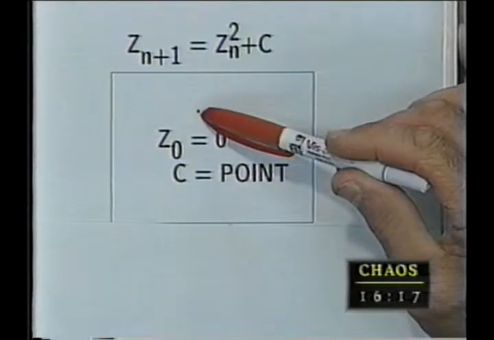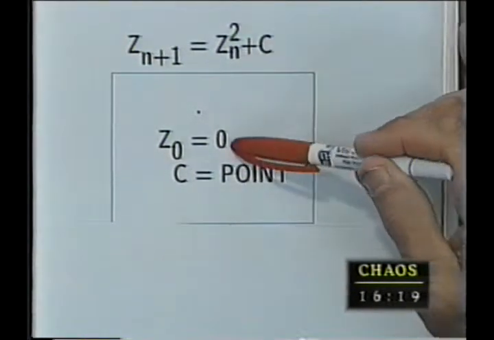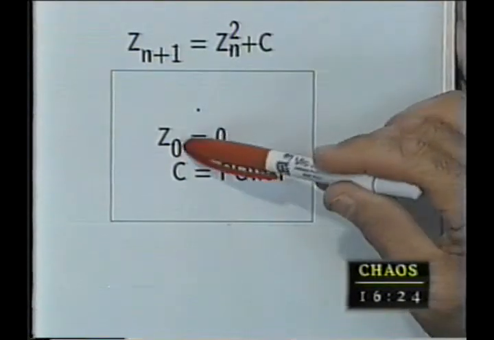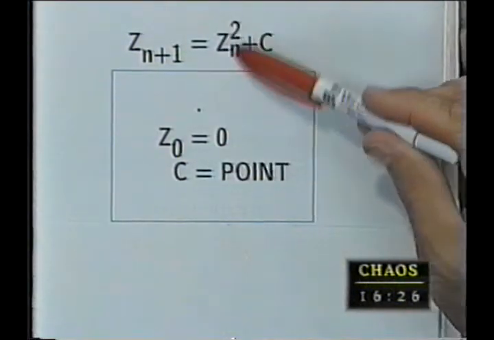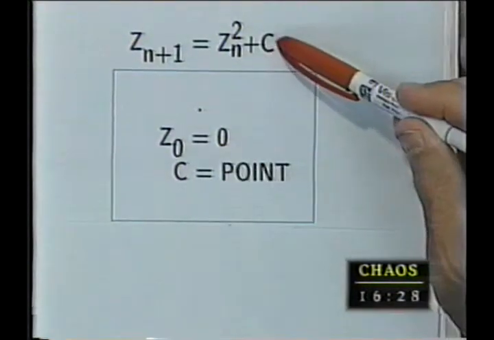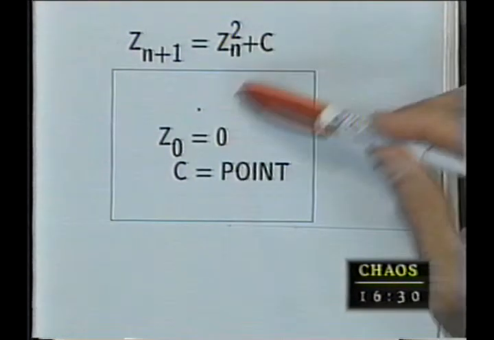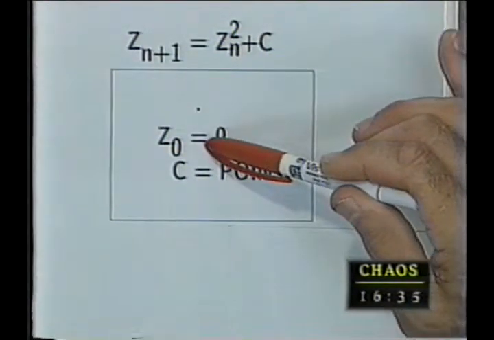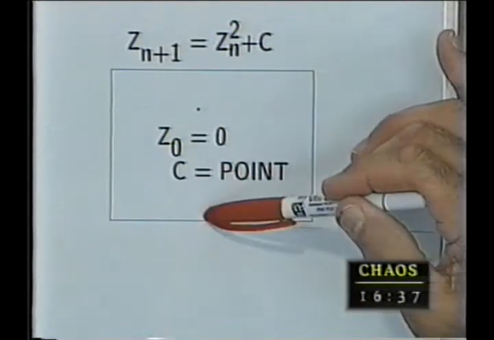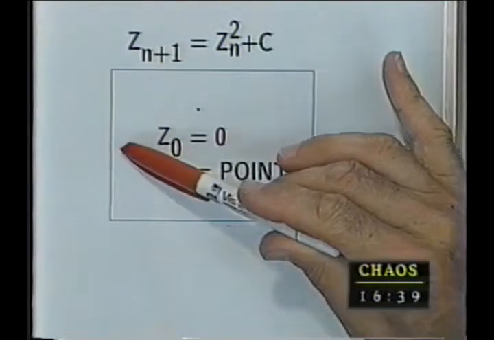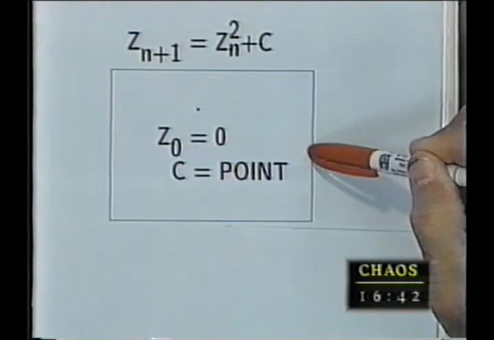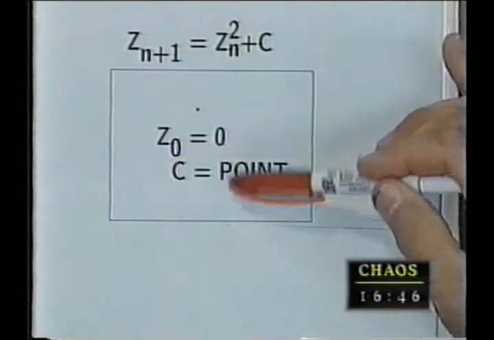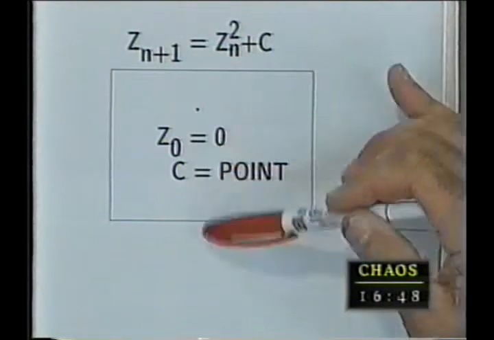Now, what I'm going to do in this relation is I'm going to start with the initial z of 0, and c, the value that I'm going to add each time, is going to be the value of the point. So I have a screen. Essentially, I'm going to start with 0 in the middle, and plus or minus 1 here, and plus or minus 1.5 here, something like that, maybe 1.2, so that I have a screen that big, and each point is a complex number with those coordinates.